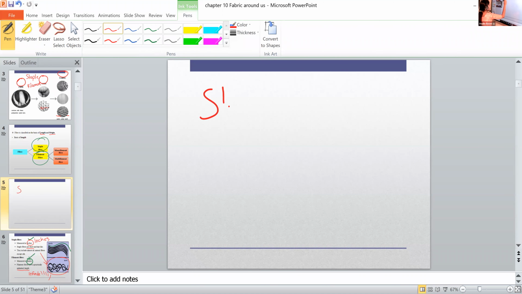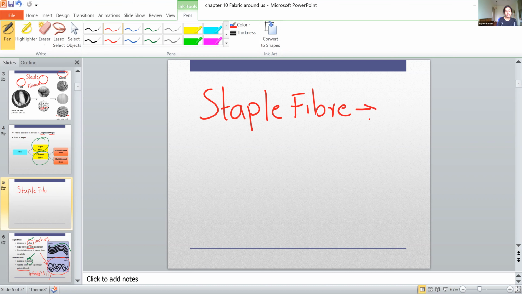What about the staple fiber? Finite length, measured in inches. Yes, they are finite in length. Finite means short ones. And they are measured in inches, right?